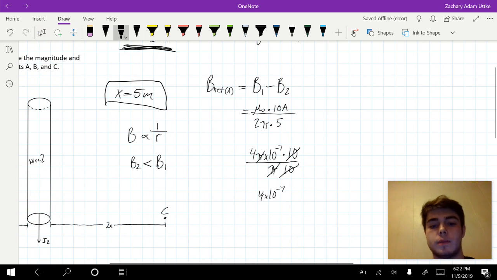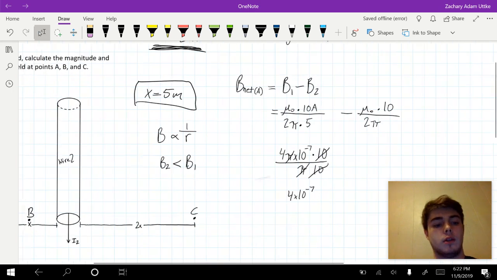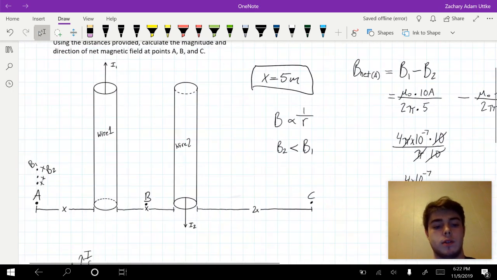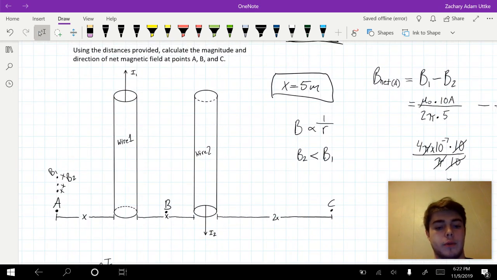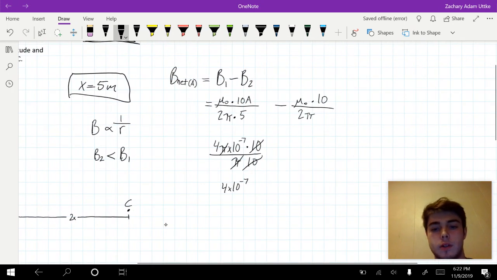Okay, and then let's subtract B2. So we still have the constant times 10 divided by 2 pi, and now R2. So R2, the distance from wire 2 to point A, is going to be this x plus this x. So in that case it's 2x, or 10.